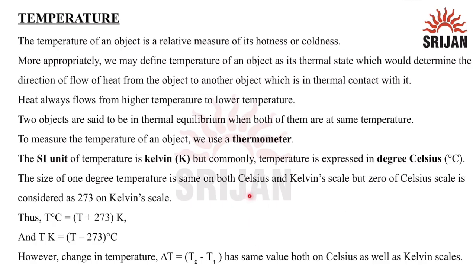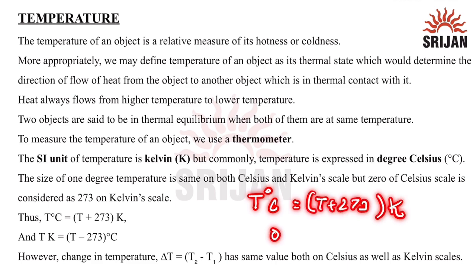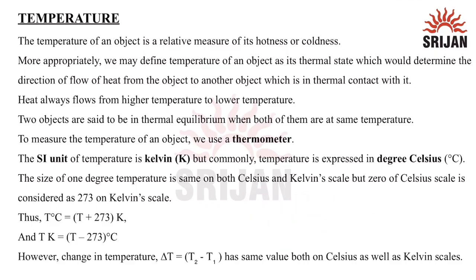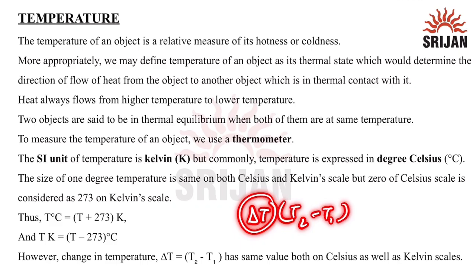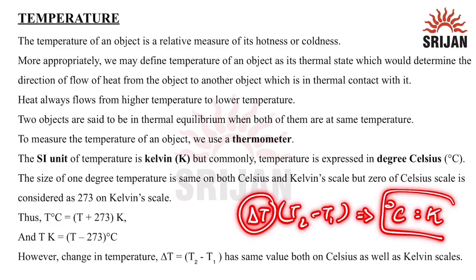So T degrees Celsius is equal to T plus 273 Kelvin. However, the change, that is T2 minus T1, is equal on both scales.